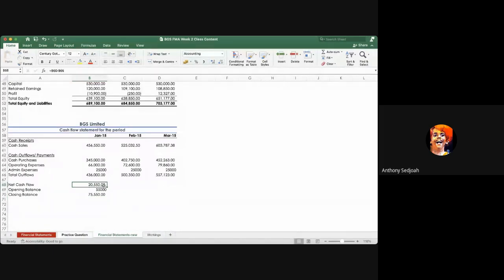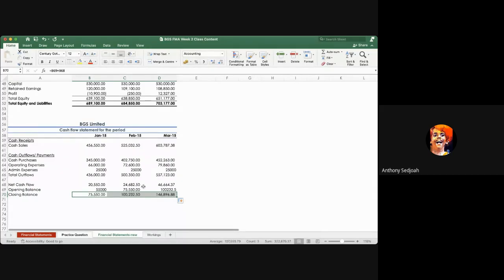So now let me drag the formula for net cash flows across. And then the opening for February is going to be the closing for January, and same for the rest. Now I'm going to drag the formula for closing to the end. So we have our closing balances for the cash flow statement.